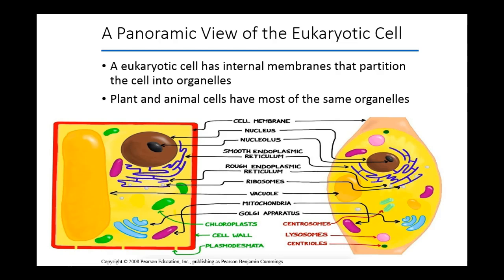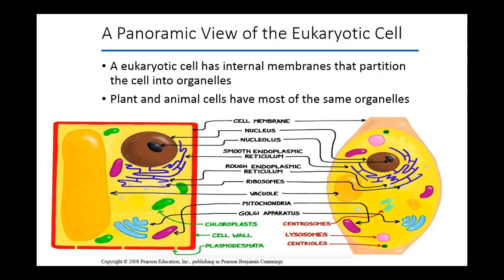Plant and animal cells both have a cell membrane, nucleus, nucleolus, smooth endoplasmic reticulum, rough endoplasmic reticulum, ribosomes, vacuole, mitochondria, and Golgi apparatus.